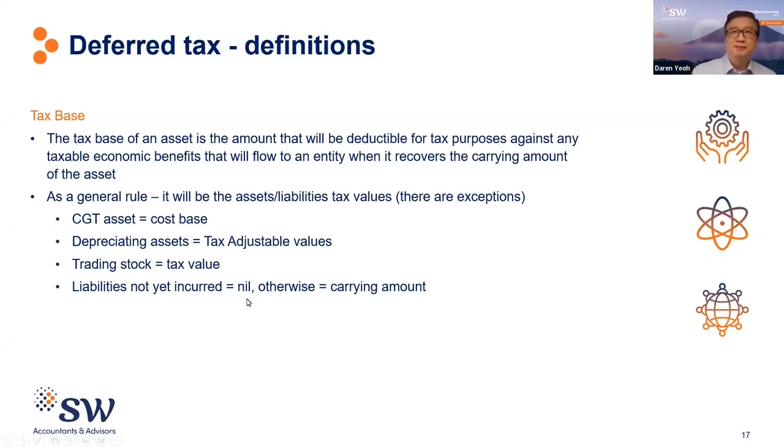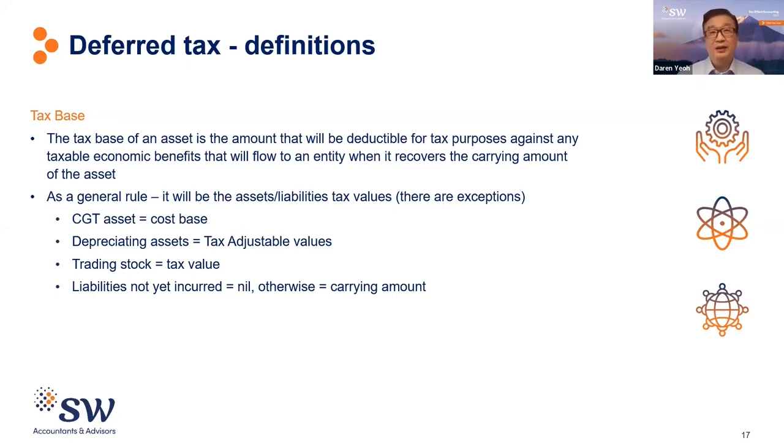For liabilities, it depends on whether or not paying that liability will give rise to a deduction. For example, if you repay a bank loan, a trade creditor, or an intercompany loan, the payment of that liability does not give rise to a deduction.